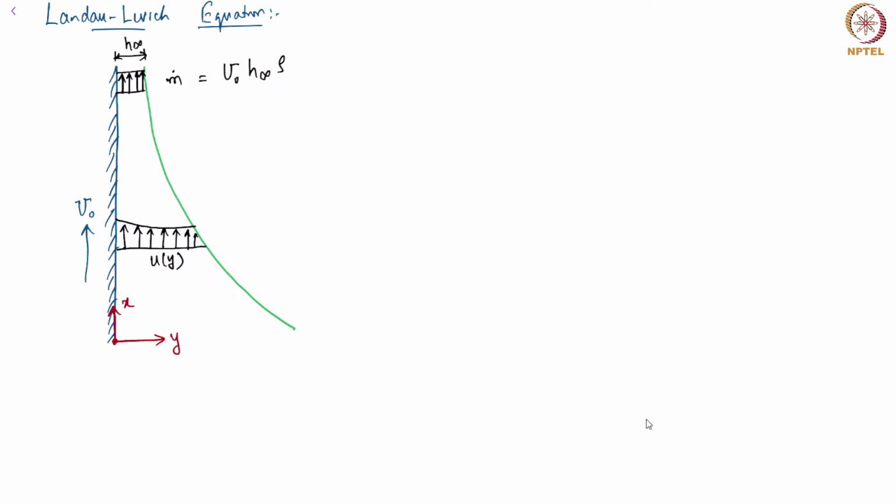Let's start with the normal stress balance. The normal stress balance is minus P plus tau nn, the normal component of the deviatoric stress, equals surface tension times curvature, right?